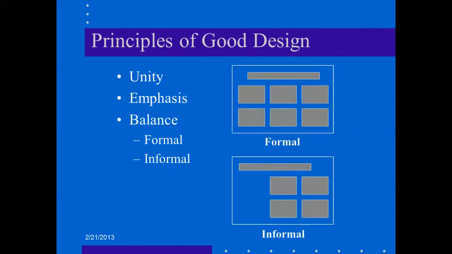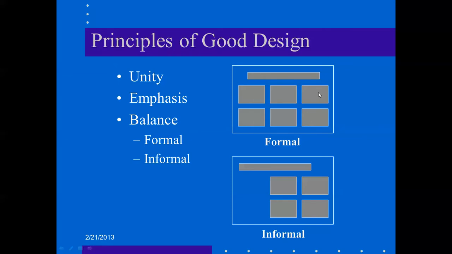The next principle is balance. Basically, in the simplest form, you have 2 types of design, formal and informal. In the formal design, everything that is on one side of the paper is repeated, balanced on the other side. For example, if you took a piece of paper and folded it in half and you were creating a design, whatever would be on one side, you would repeat on the other side.